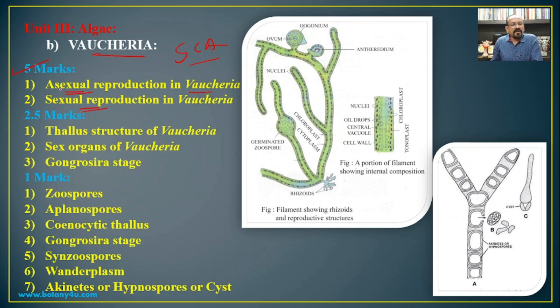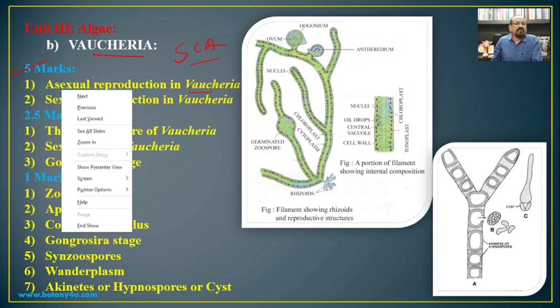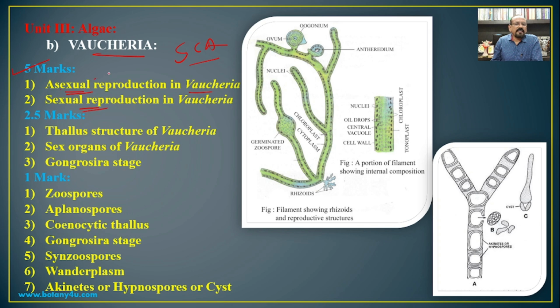In the case of asexual reproduction, we have to provide reproduction by means of the formation of planospores, and second, the zoospore. These are the two common types of spores formed by Vaucheria in asexual reproduction.